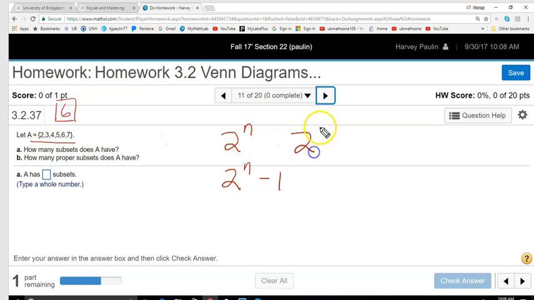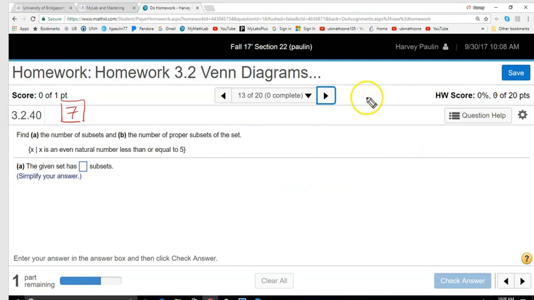And we get 2 to the 6th here. And then 2 to the 6th minus 1. Now what is 2 to the 6th? Well, this one is 64. And then 64 minus 1 is 63. Okay. Again, if you have a question, be sure you're asking.